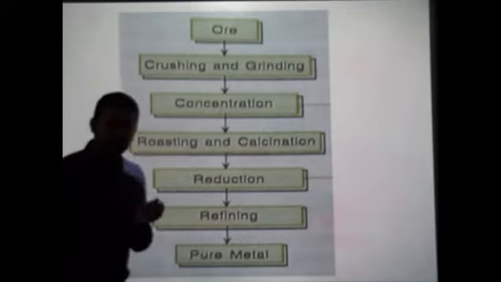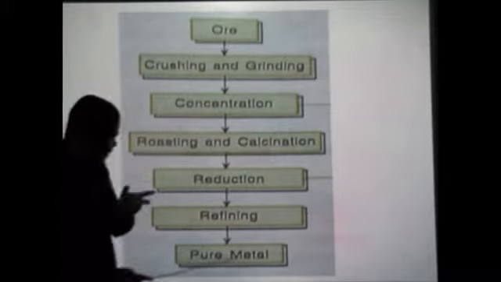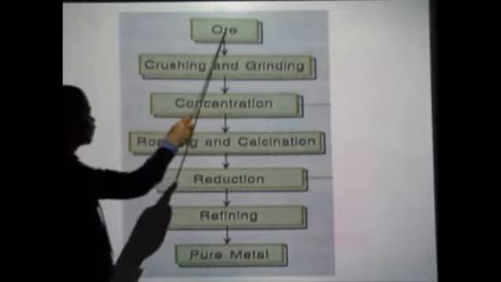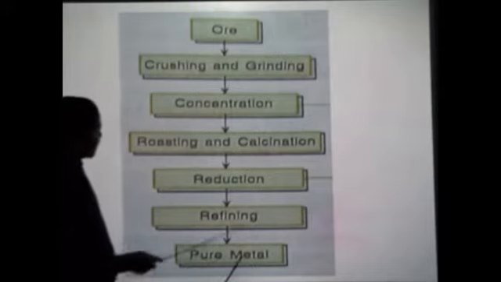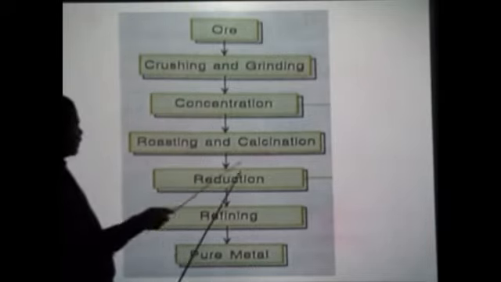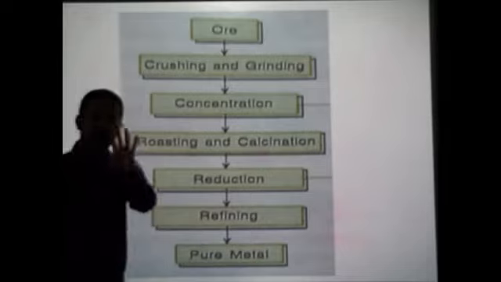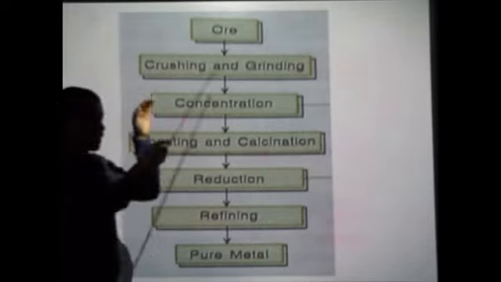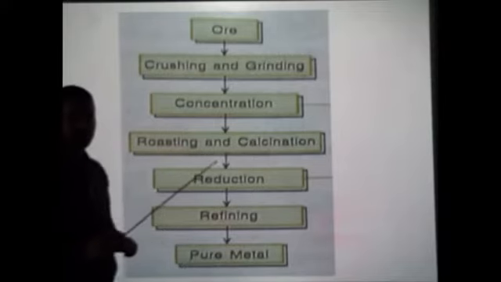Then reduction, reducing metal oxides to metal. Then refining, and then we get pure metal. So from ore to pure metal, there are how many steps? 1, 2, 3, 4, 5. There are 5 steps from ore to pure metal, and we will do these 5 steps in detail.